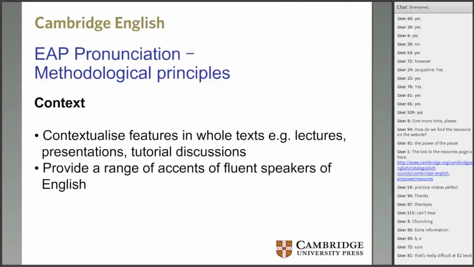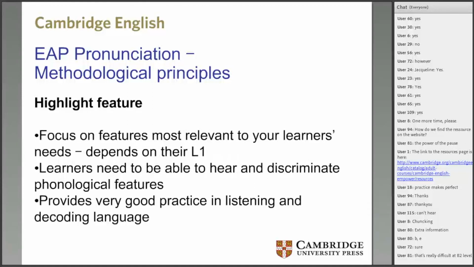Now, the examples that I've showed you tonight have all been native speakers, but actually in the Empower EAP materials that are online, across all of the lessons, because they go from B1 right up to C1, we cover all of those levels. So there are a lot of lessons there that you can download. And in the recordings, there is a range of accents in both native speaker and non-native speaker accents.